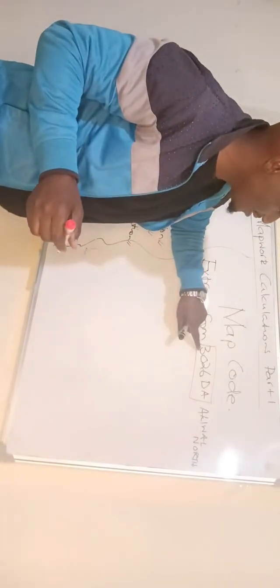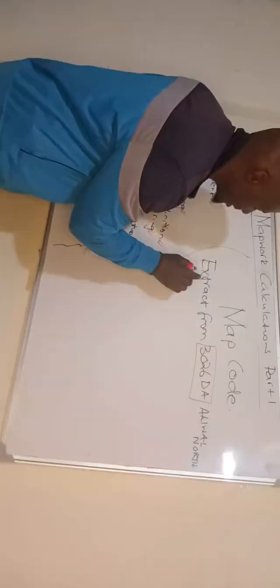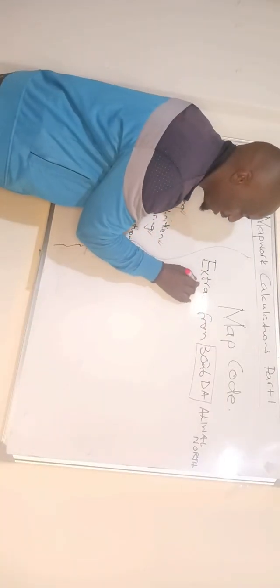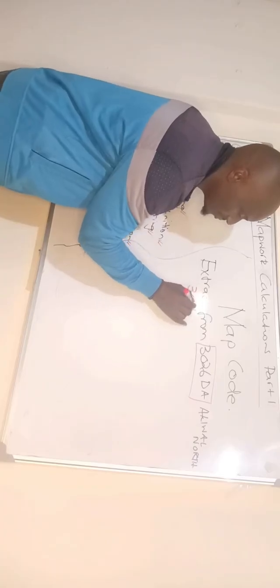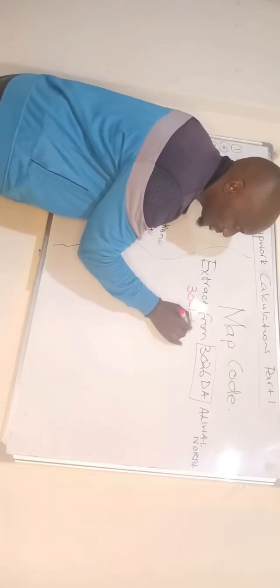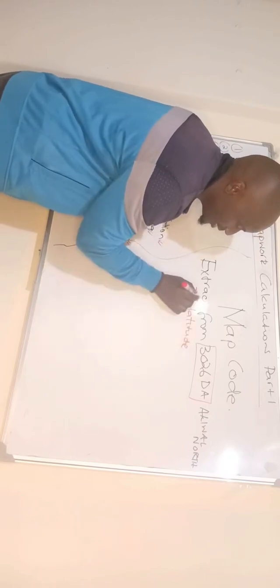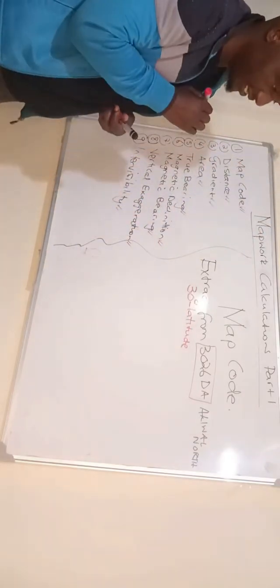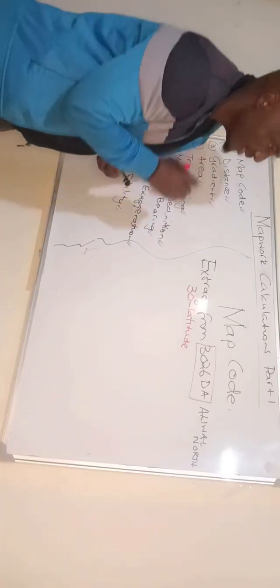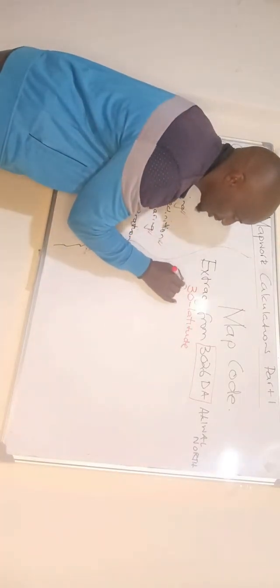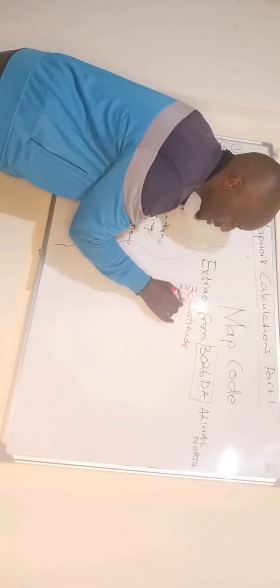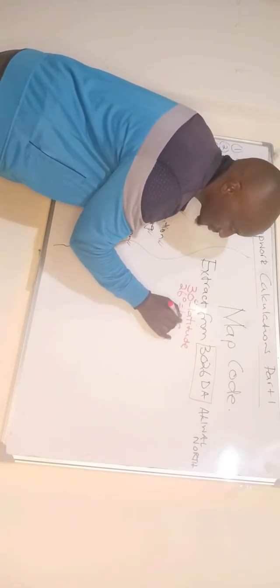So your first 30 represents the latitude, which means we are looking at 30 degrees. Then your 26 degrees represents the longitude.